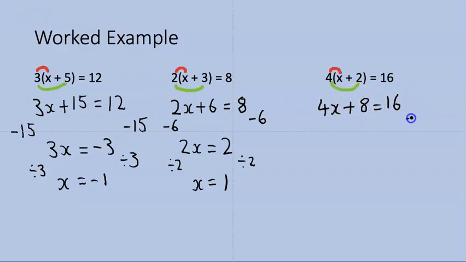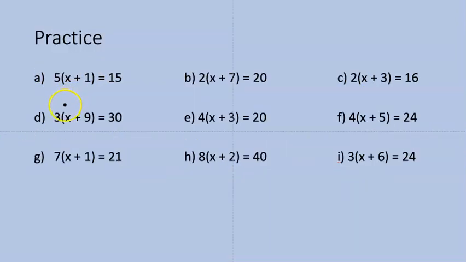Instead of adding 8, I take away 8 from both sides. So that 4x becomes 8. And then I divide it by 4. 4x divided by 4 is x. 8 divided by 4 is 2. So using this method, I'd like you to have a go at these ones here. Pause the video and have a go.